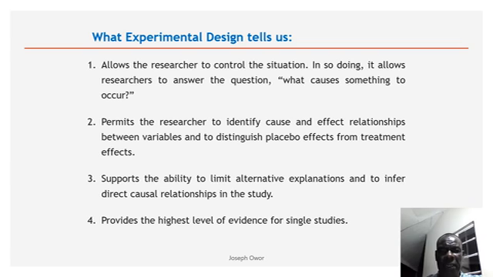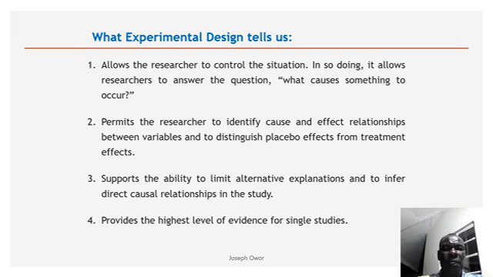Something similar to a vaccine, but it does not have the vaccine in it, so that the other group doesn't think that they are being sidelined. So that's what we call a placebo. Placebo effect and the treatment effect.